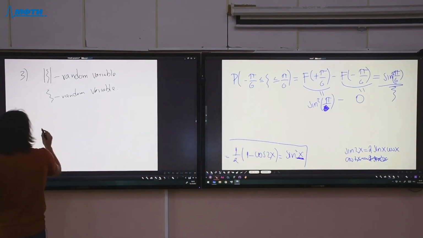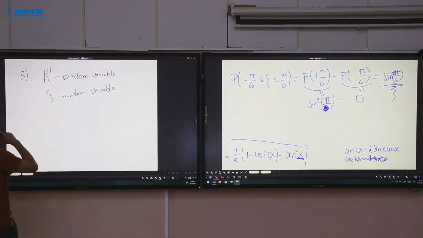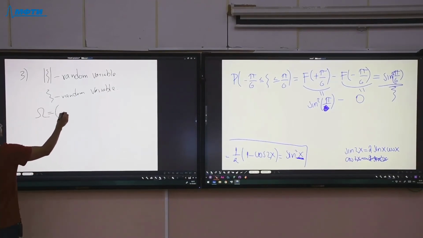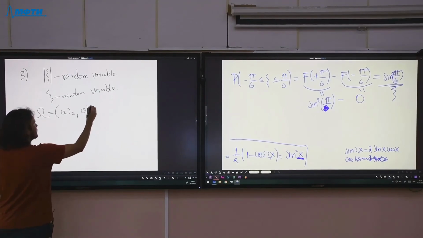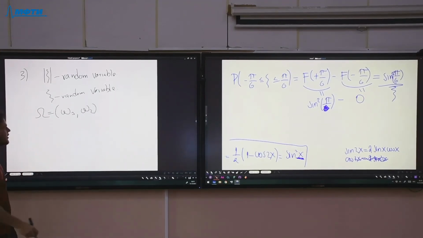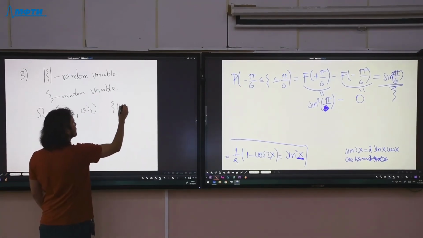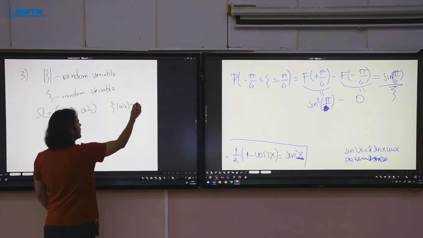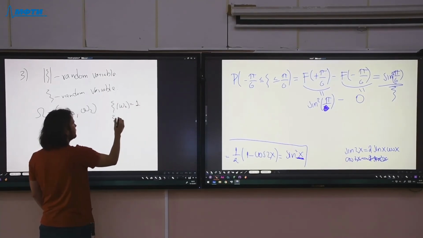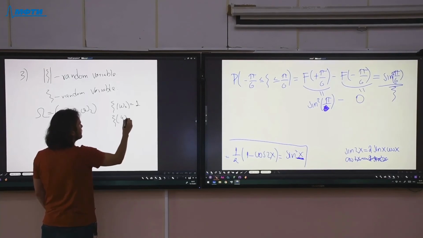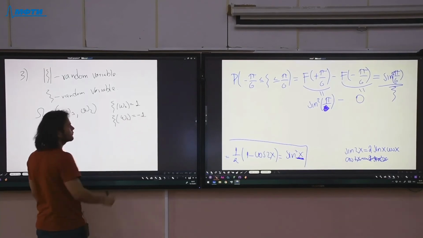Let's say that we have the following space, omega 1 and omega 2, right? Let's say that psi of omega 1 is 1 and psi of omega 2 is minus 1.